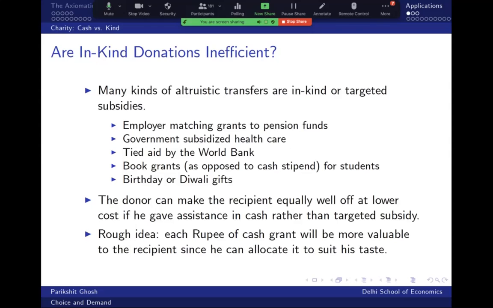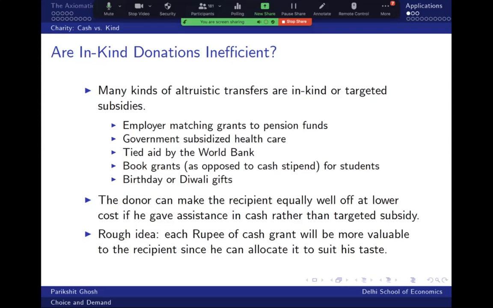So there's a standard criticism, using simple economic theory of the sort that we studied, which says that in-kind grants are inefficient. Cash grants are the most efficient way of transferring resources to another individual. The argument can be framed in a couple of different ways.